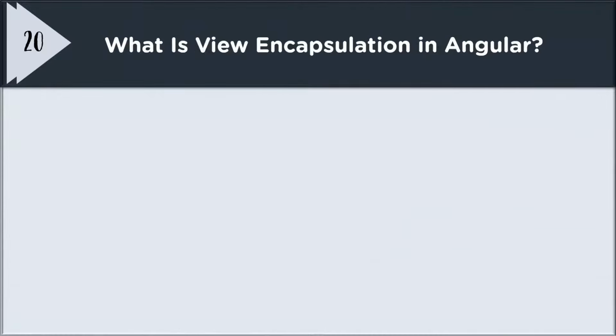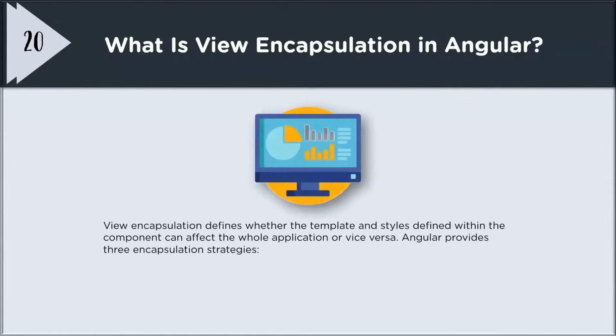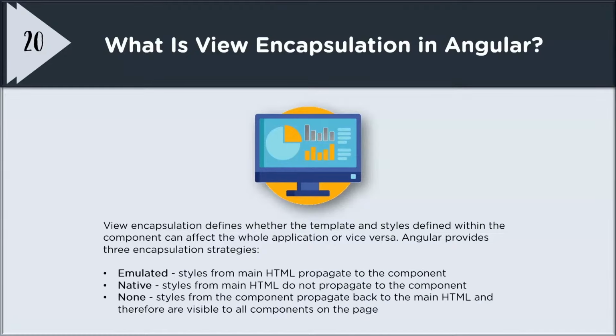Moving on to the next question, what is view encapsulation in Angular? Now, view encapsulation basically defines whether the template and styles defined within the component can affect the application or vice versa. Angular provides 3 encapsulation strategies. There's emulated encapsulation, which means that the styles from the main HTML propagate to the component.